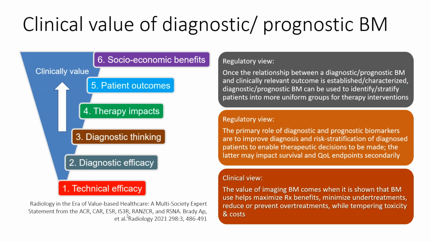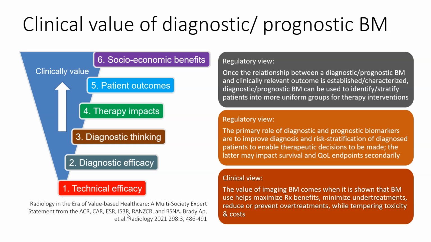The sensitivity result is almost identical in the Osprey study. When we were discussing the regulatory requirement for a diagnostic biomarker, remember that from a regulator's perspective, the primary role of a diagnostic and a prognostic biomarker are to improve diagnosis and risk stratification of diagnosed patients to enable therapeutic decisions to be made. The latter may impact secondarily on survival and quality of life endpoints.